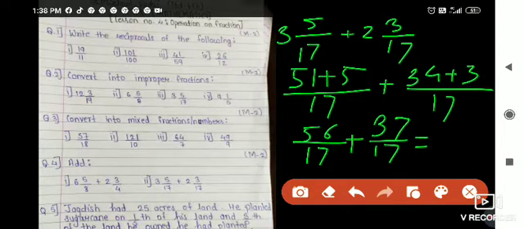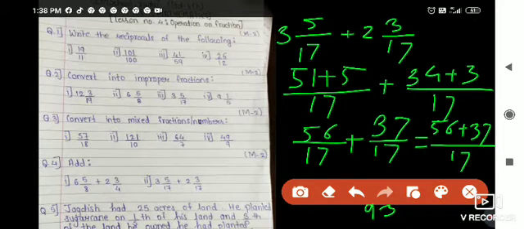The next step is 56 plus 37 upon 17, and the sum of this is equal to 6 and 9 upon 17, which is its answer. Okay, note down this.